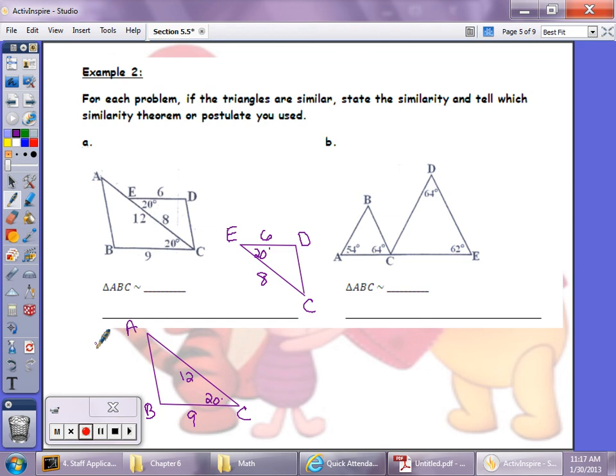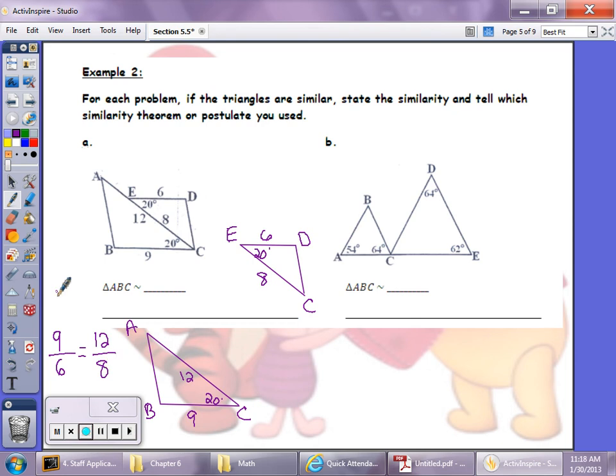For triangle ABC, the smallest side given to me is 9, and in triangle CDE, the smallest side given to me is 6, so those two are going to be matched up. In triangle ABC, the larger side given to me is 12, and in triangle CDE, the larger side is 8.